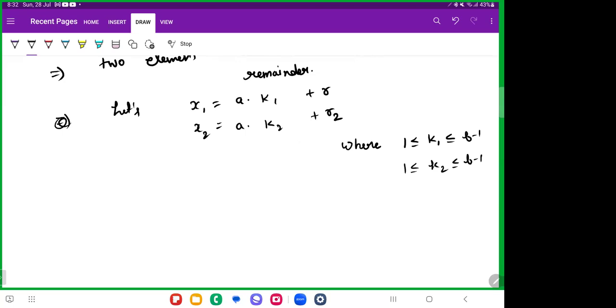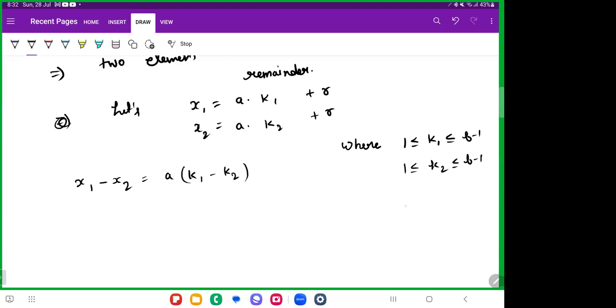Can you see something now? So x1 minus x2, both have same remainders. So what is x1 minus x2? A times k1 minus k2, right?